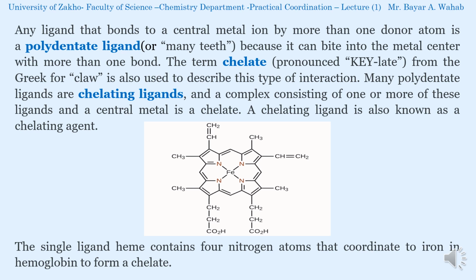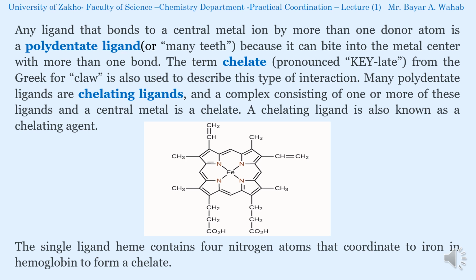Many polydentate ligands are chelating ligands, and a complex consisting of 1 or more of these ligands and a central metal is a chelate. The chelating ligand is also known as a chelating agent. We call it a chelate because we have more than 1 donor atom.